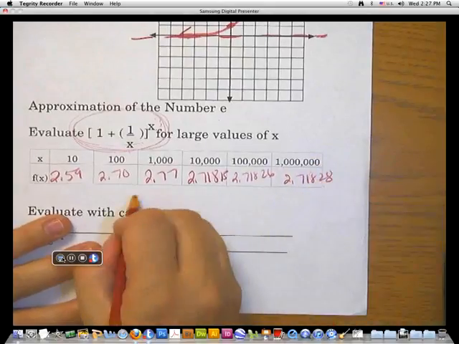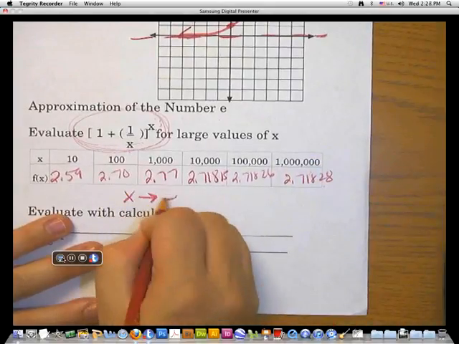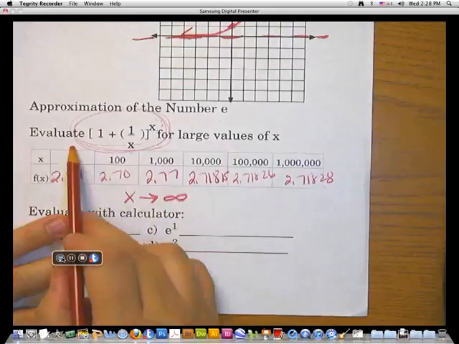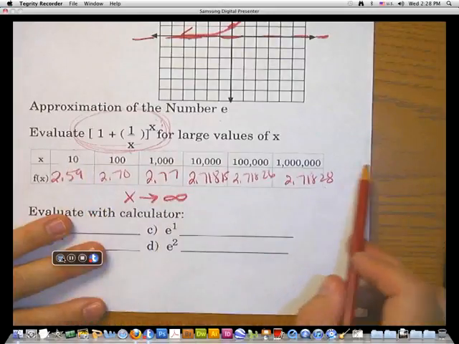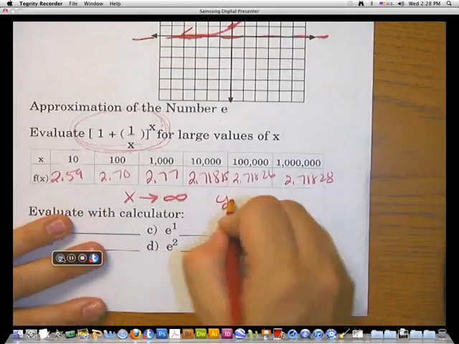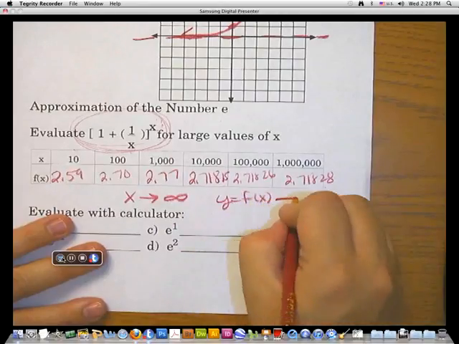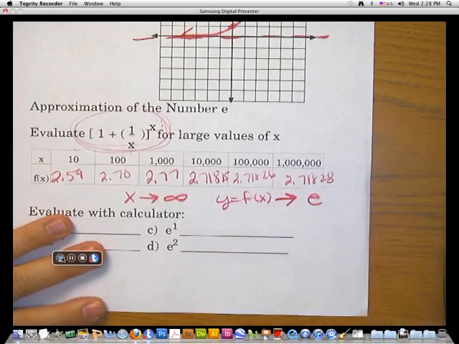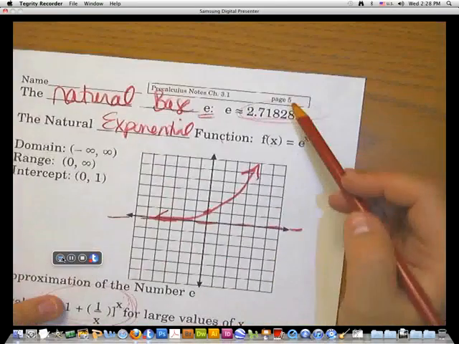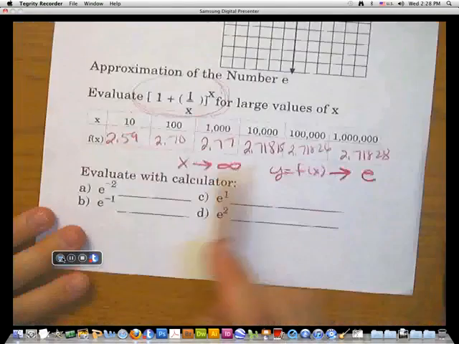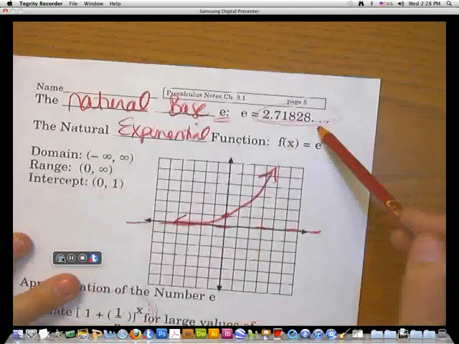And notice as my x's approach infinity, because they're getting bigger and bigger, my y values, also known as f of x, are approaching the value of e, of which we did up here. This is nothing more than a proof of why this number is the way it is.